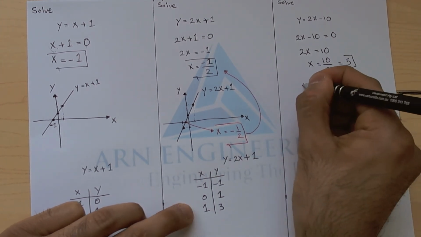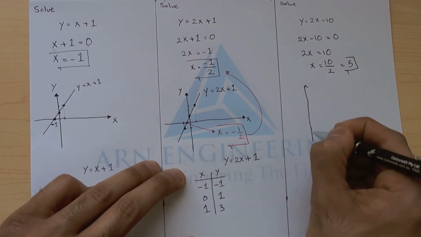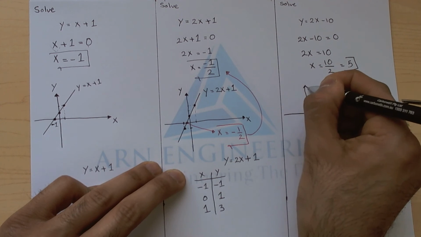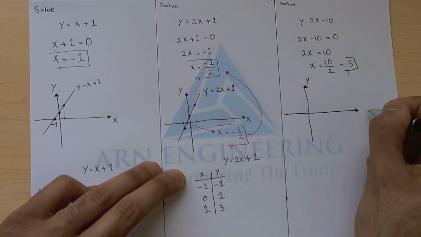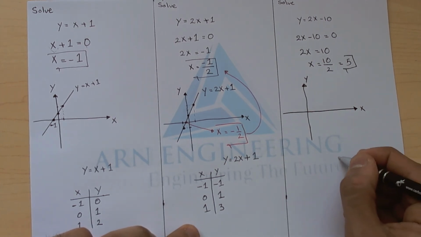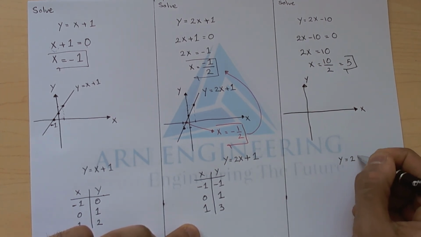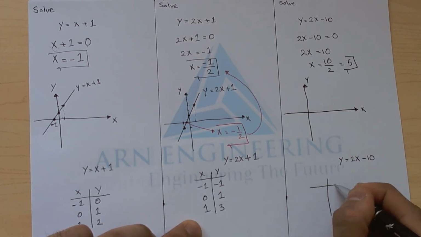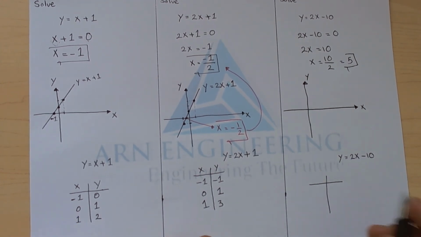Let's graph this. Y, x. Our equation is y equals 2x minus 10. Let's construct our table.